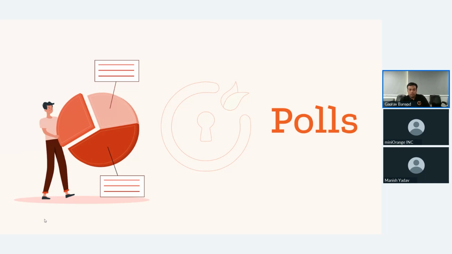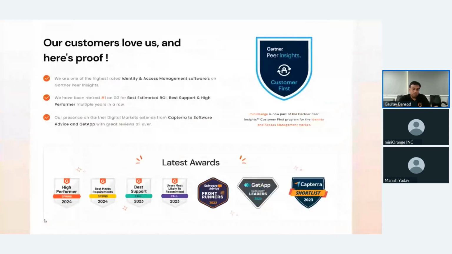One customer gives the reference of 5 more customers, and that is only possible when the customer actually sees the value in your product. Because of this, we have so many accolades and awards from genuine cybersecurity international rating agencies like G2, Capterra, or Gartner.